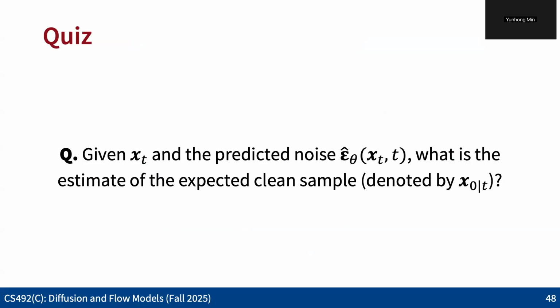Every step, you get xt and the prediction of the noise. Before we go to the next step, we want to see what we're eventually going to get at the end, the output from xt. So you can get some expected clean sample from these two pieces of information. Let's see how we can compute this.